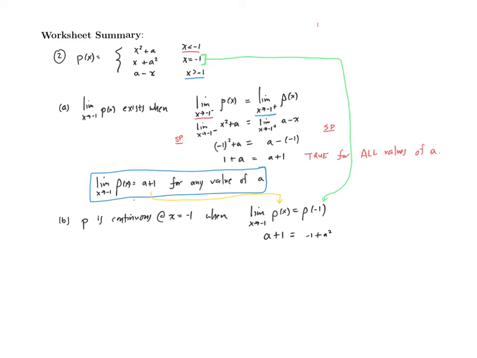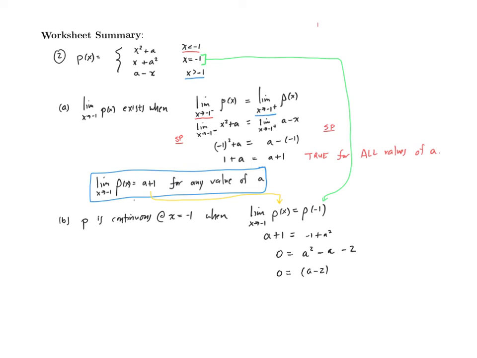And I'm going to go ahead and throw all of my a's on one side, and because the coefficient of a squared is positive on the right, I'm going to leave it there for simplicity. So we need to subtract a and subtract 1 from both sides. And note, we have a quadratic equal to 0. You could use the quadratic formula. There's nothing wrong with that. That's always a great fallback option. But at the same time, note that this does factor quite nicely.